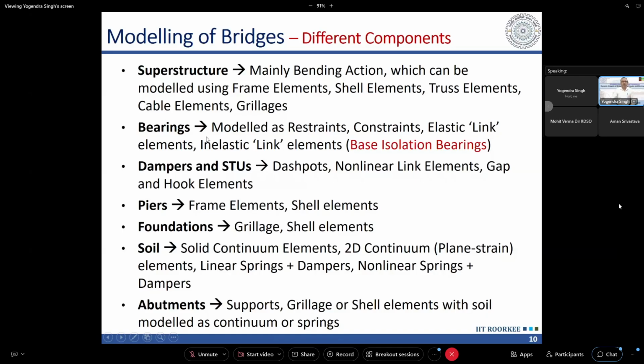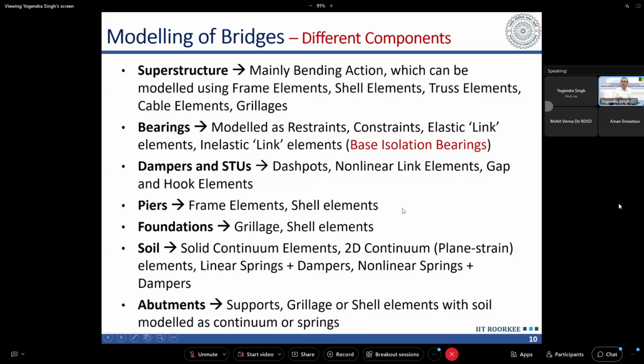Sometimes we just consider the abutment as a rigid support, and whatever restraints are provided through the bearings, those restraints we assign to the superstructure. For example, in the case of a pinned bearing, it will be restrained against translation in all three directions, and rotations will be allowed.